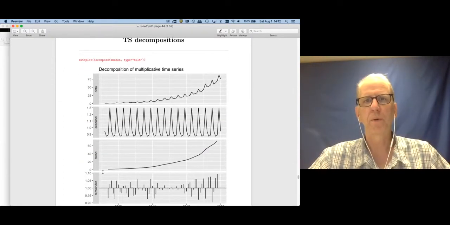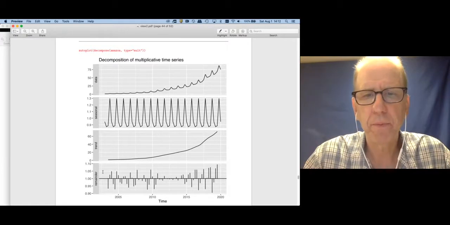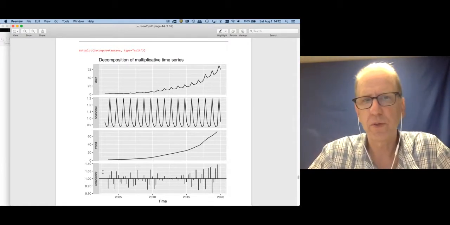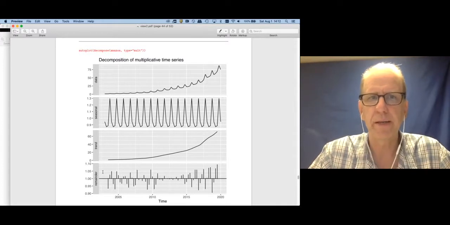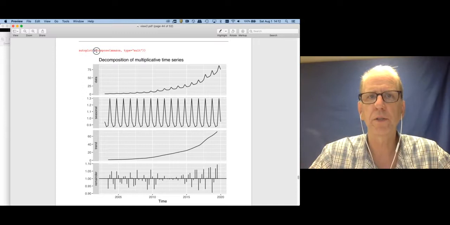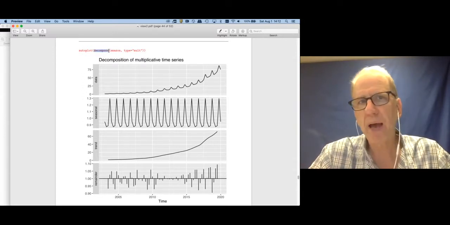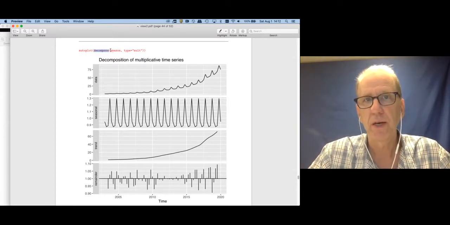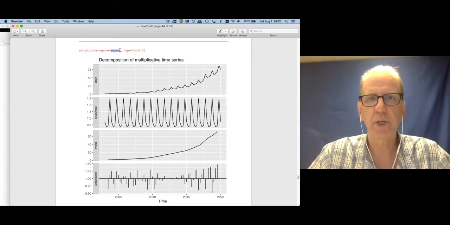Okay, I think a picture's worth a lot of words, and so this is where we're going to land. There's a function in R called decompose. I can pass to decompose a TS object, and then maybe I say whether it's multiplicative or additive.